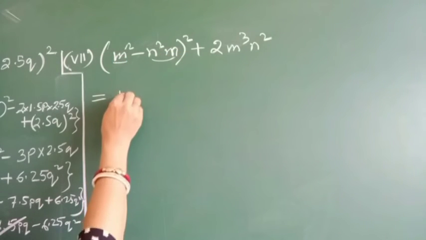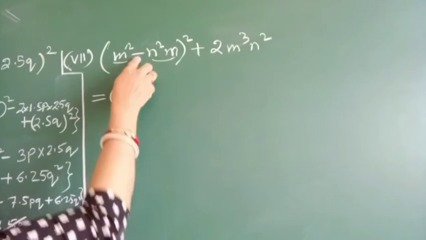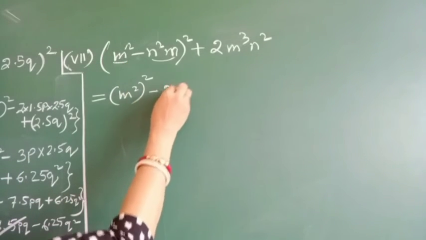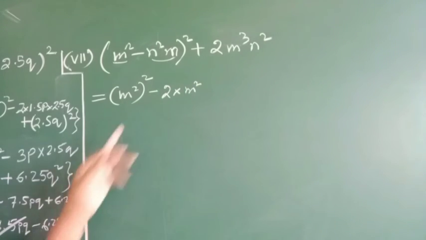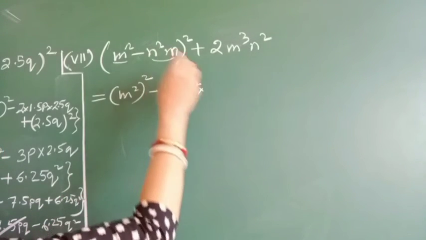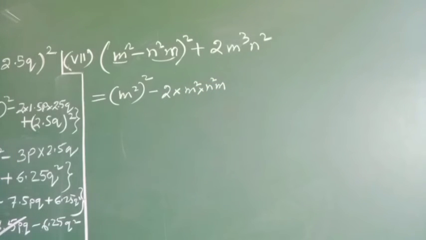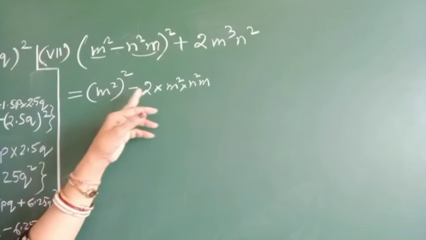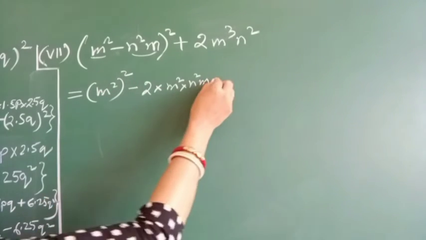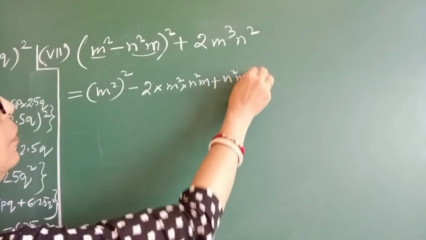So m square is a square, a square minus 2 into a, a is our m square, a into b, b is n square m. So a square minus 2ab plus b square. b square means n square m whole square.